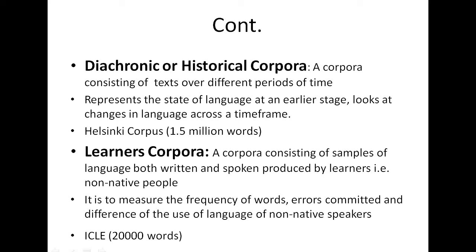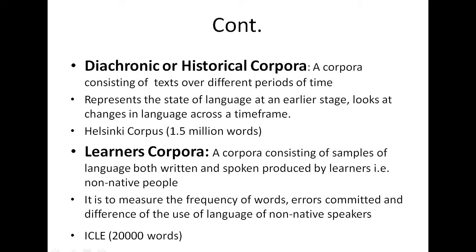For example, if in Pakistan we collect the language examples, both written or spoken, these may be of Pakistani people, how they write English and how they speak English, then this corpora would be learners corpora, because we are learners of this language, and secondly, this is not our first language.